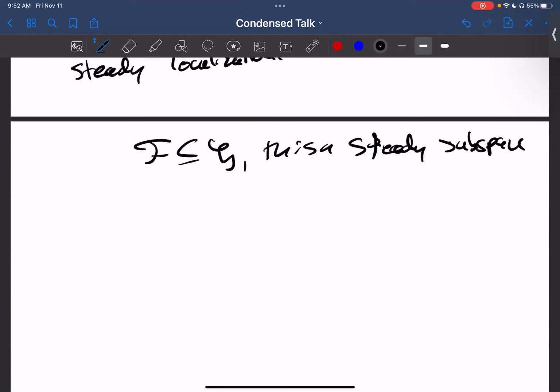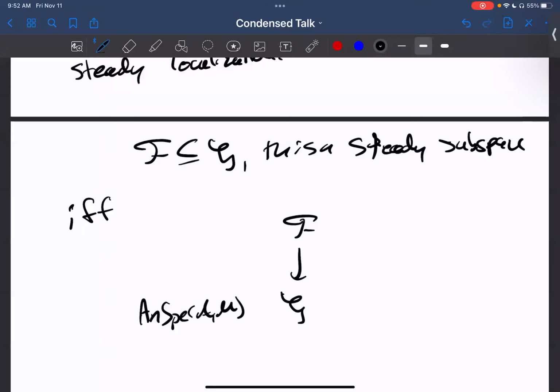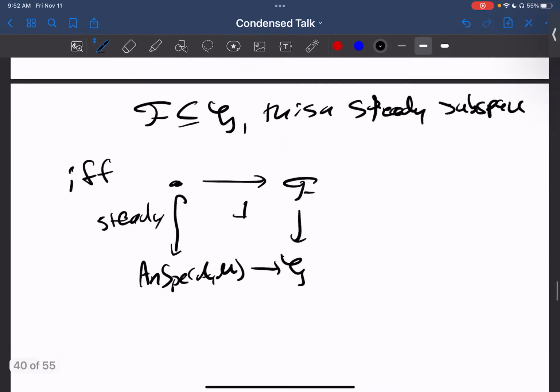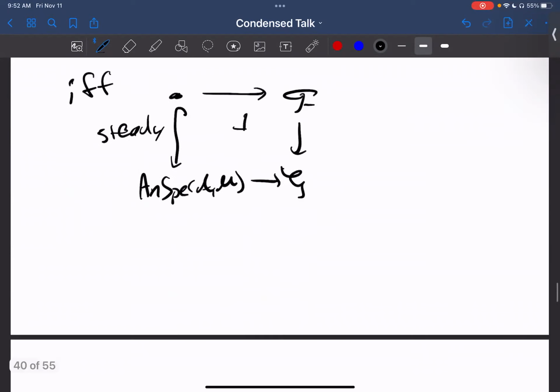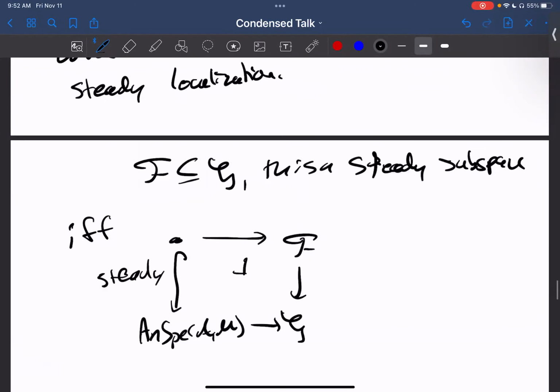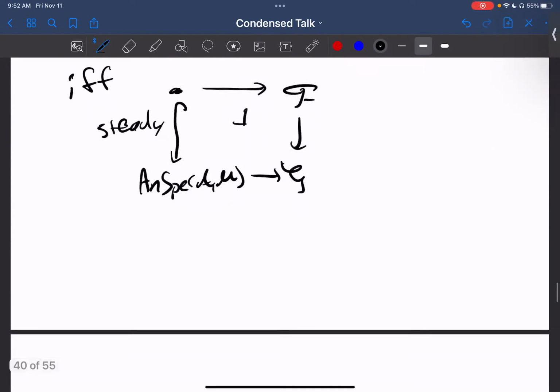So this is a steady subspace if whenever we test with some affine, the pullback here is going to give us some steady subspace of this affine. So this defines everything by a base change.